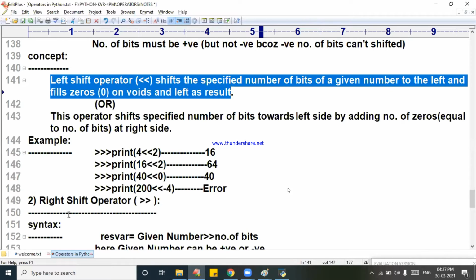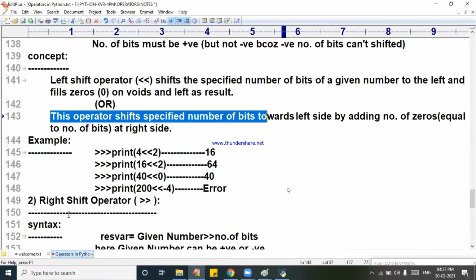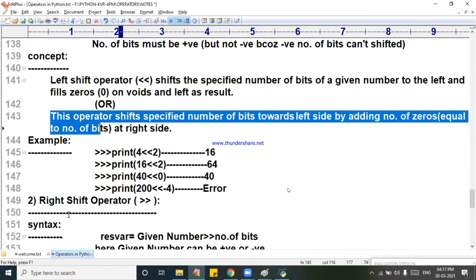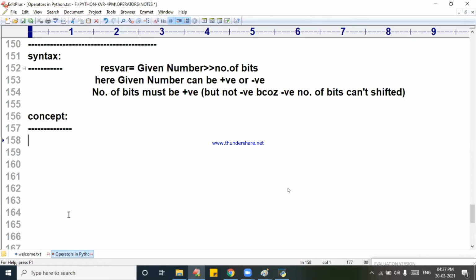Instead of that, you can also write this operator shifts the specified number of bits towards left side by adding number of zeros equal to the number of bits at right side. This I will copy, and here I will adjust my statement.